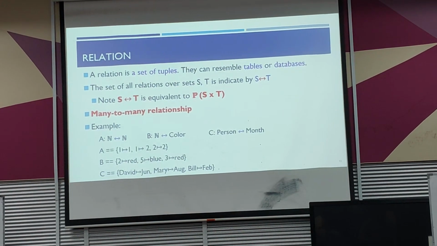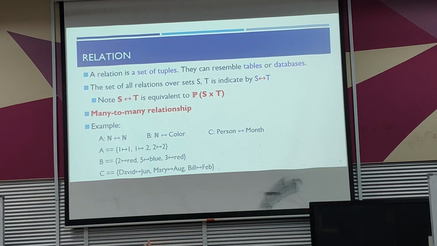Another person also June and December. Maybe another person is January and June. Remember, a set cannot duplicate. You may have two different people with the same name.